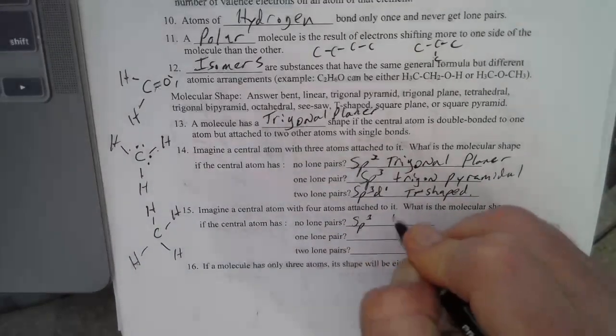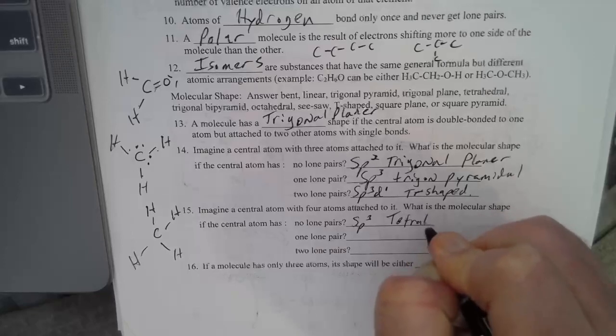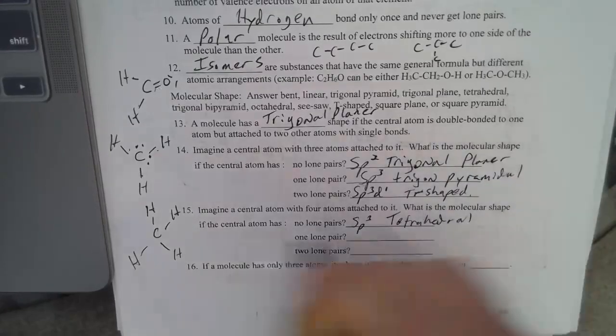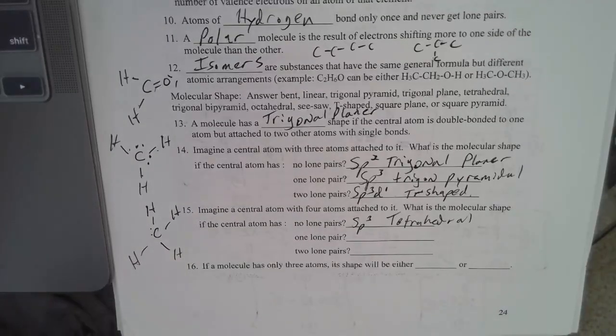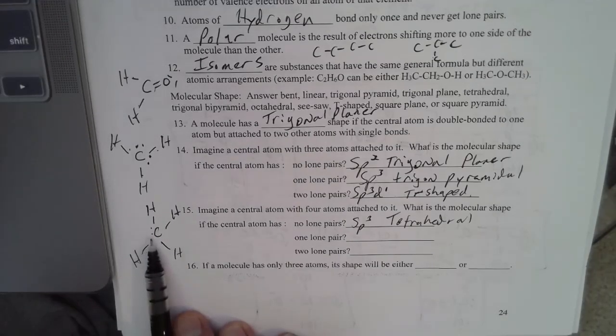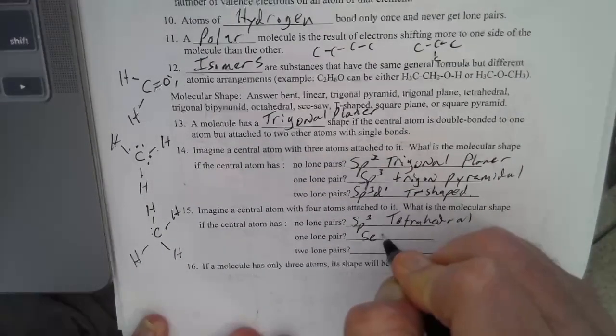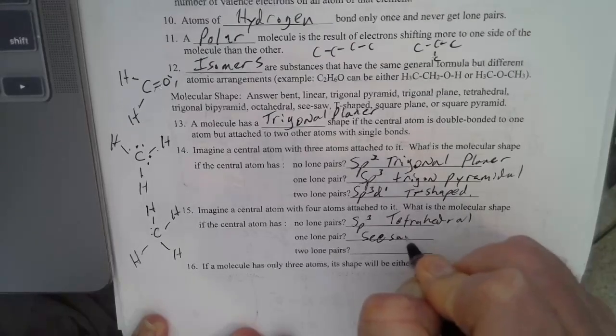That would be tetrahedral. With one lone pair, again, the arrangement is going to be trigonal bipyramidal. But since one is a lone pair, that's not the shape. The shape of this would be seesaw. And that is sp3d1.